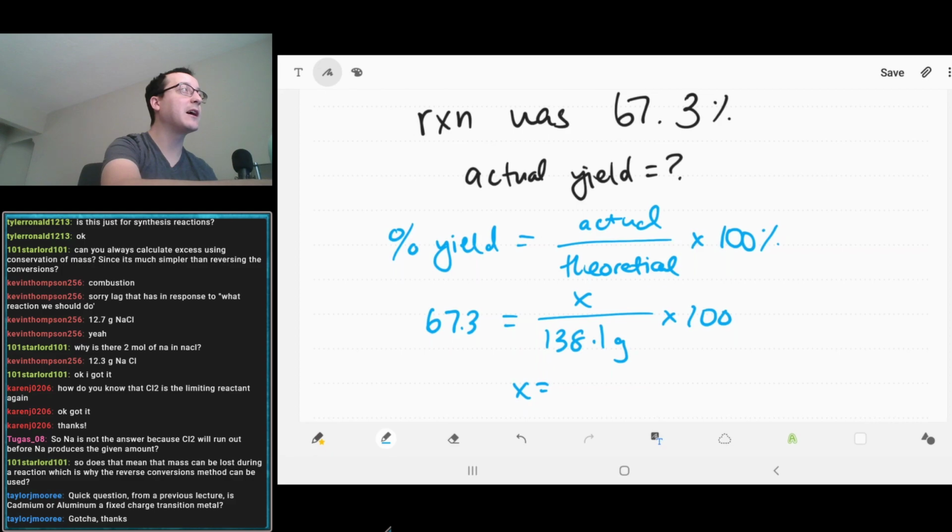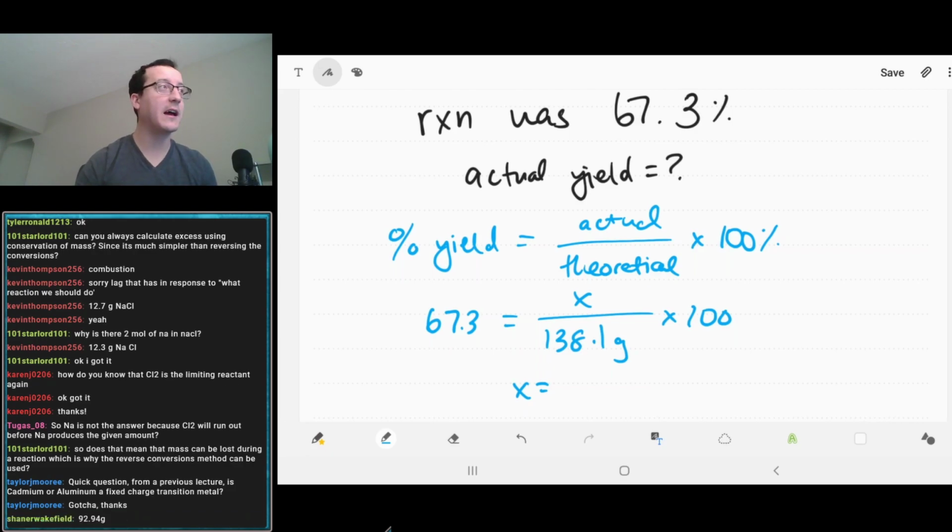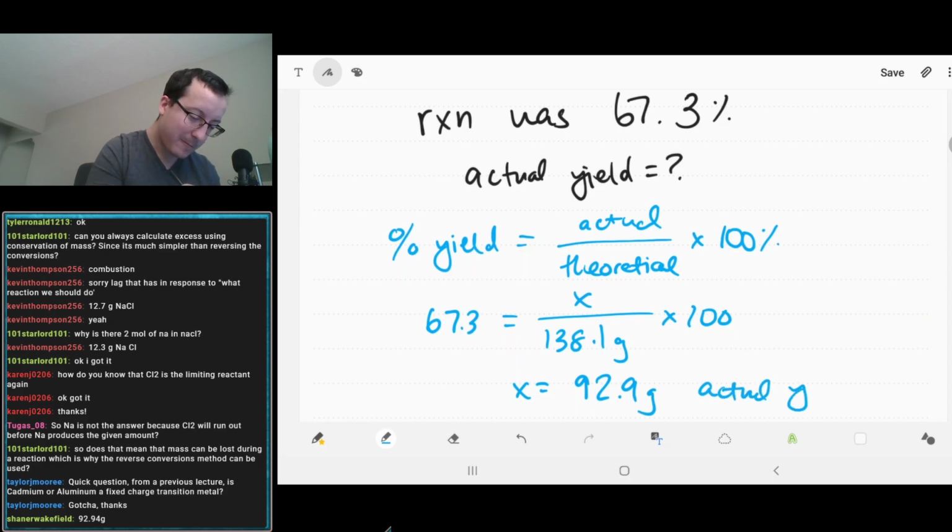So just showing you how you can use theoretical yield in a different way. 138.1 times 0.673. So again, just like any other formula, I would give you two of the variables, and you would solve for the third one. Okay? So that's perfect.